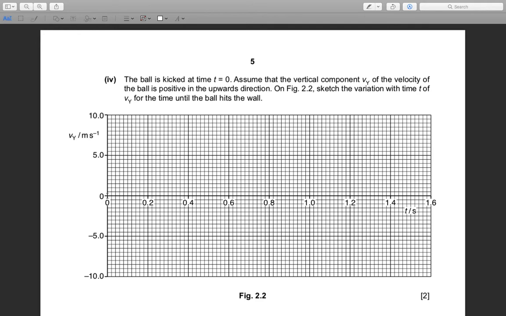Start from here, and we will use a line here or here. Start from here, and for t0, Vy is 8.5 at t equals 1.5.